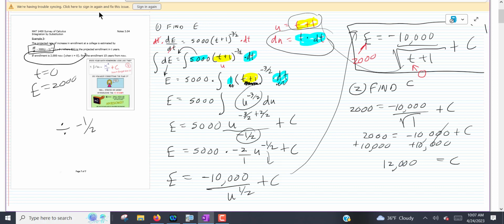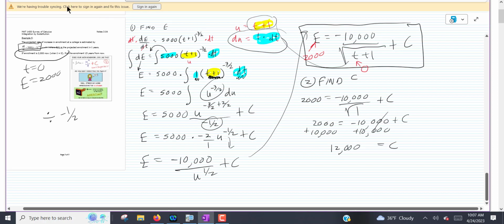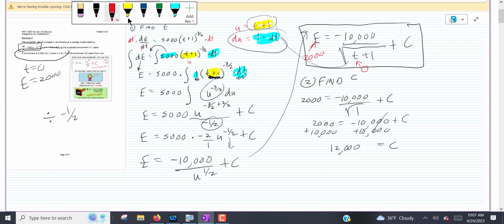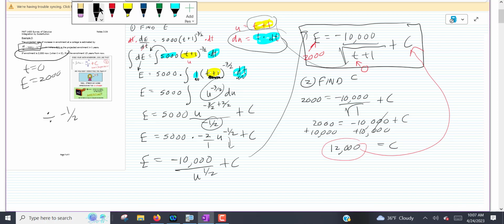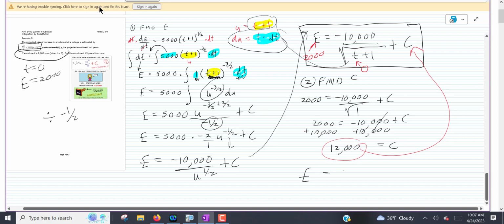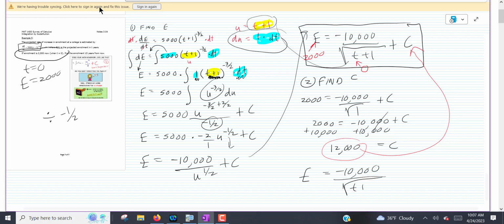So you're given an initial condition which allows you to find C. That gets plugged back in, so the answer is E equals negative 10,000 over square root of T plus 1 plus 12,000.